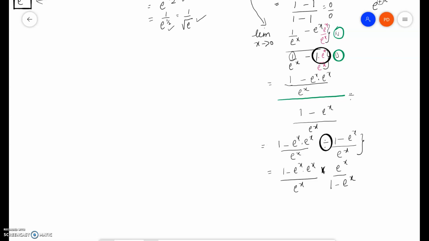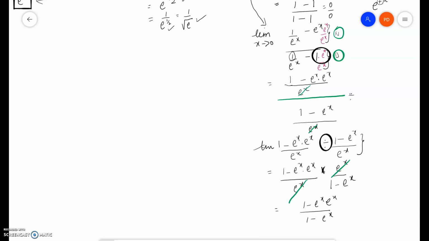So now we're ready to cancel these two. We could have done that here as well, but I just wanted to show you why that cancels. And now we're left with 1 minus e to the x times e to the x over 1 minus e to the x.